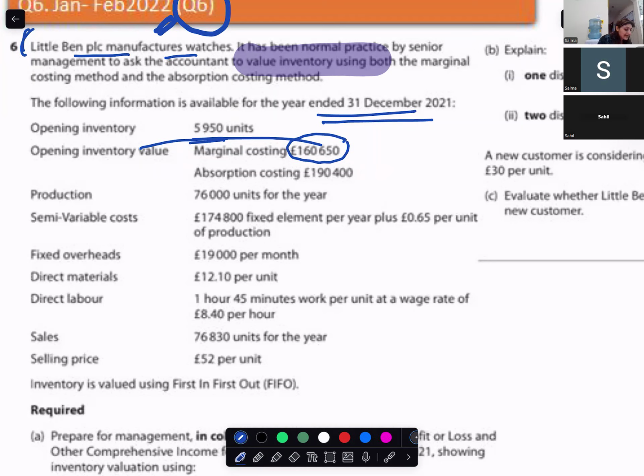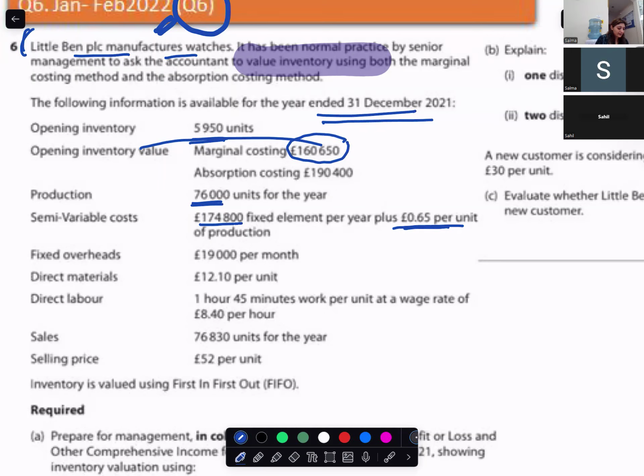And as per absorption costing, it is valued at 190,400. Production for the year is 76,000 units. You have semi-variable costs of 174,800 fixed element per year plus 0.65 per unit of production.